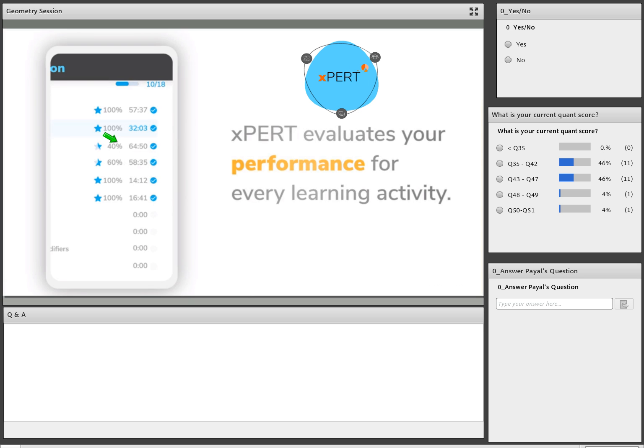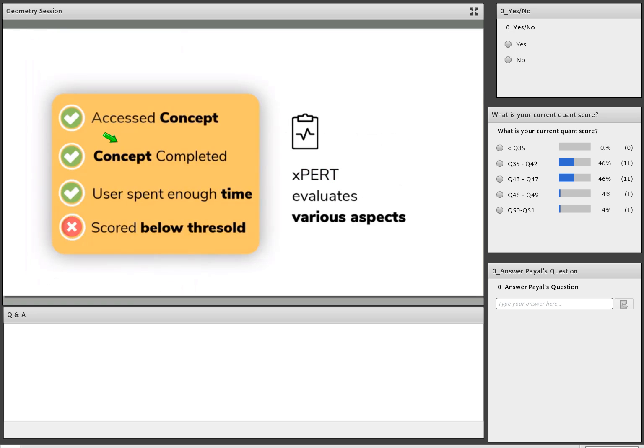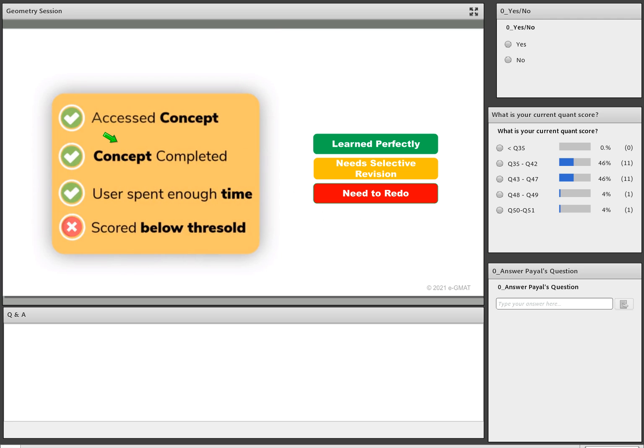This is where expert AI, which powers the Quant 2.0 course, evaluates your performance for each and every learning activity. It evaluates various aspects, not just a single one: whether you've accessed the concept, whether you've completed the concept, whether you've spent sufficient time on it, and whether you've scored below or above threshold.